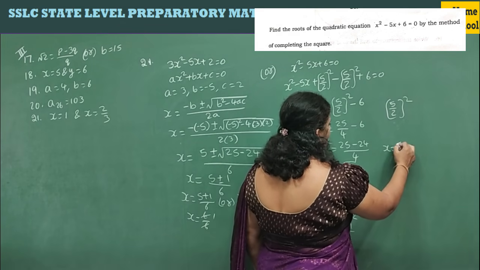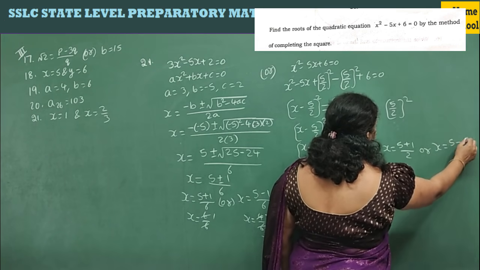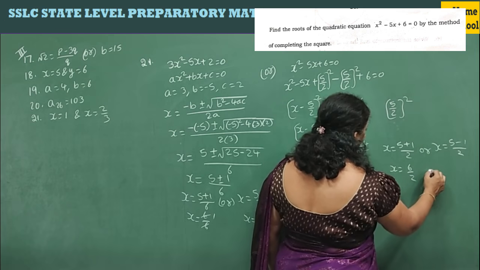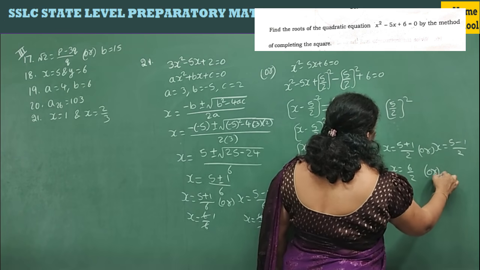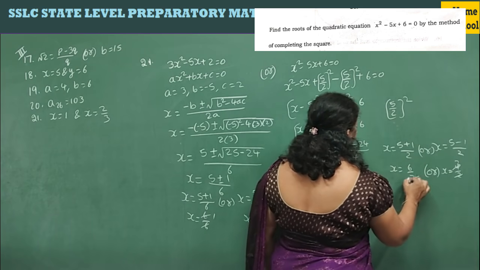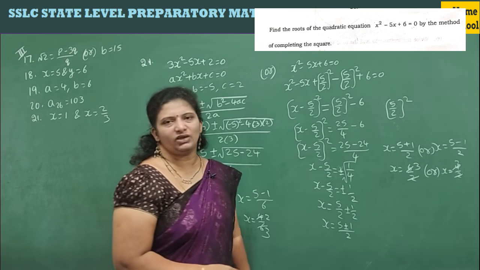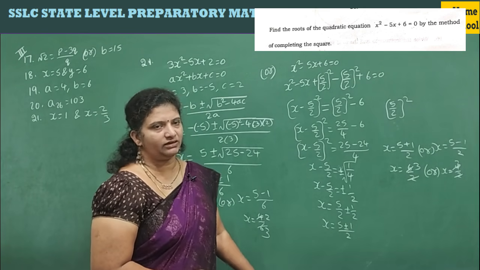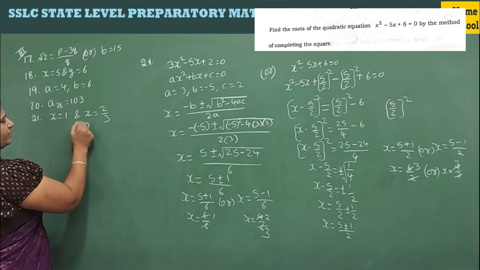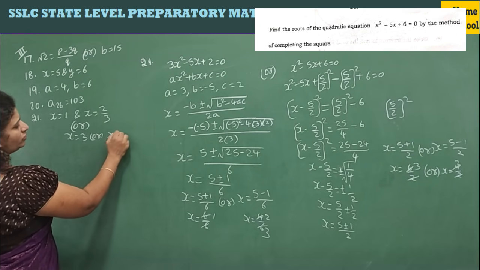X is equal to 5 plus 1 by 2 or x is equal to 5 minus 1 by 2. 5 plus 1 it will be 6 by 2 or x is equal to 5 minus 1 is 4 by 2. 2 2s are 4, 2 3s are 6. Therefore, the roots of the given quadratic equation by completing square method are 3 and 2. In the OR choice, you will be having x is equal to 3 or x is equal to 2.